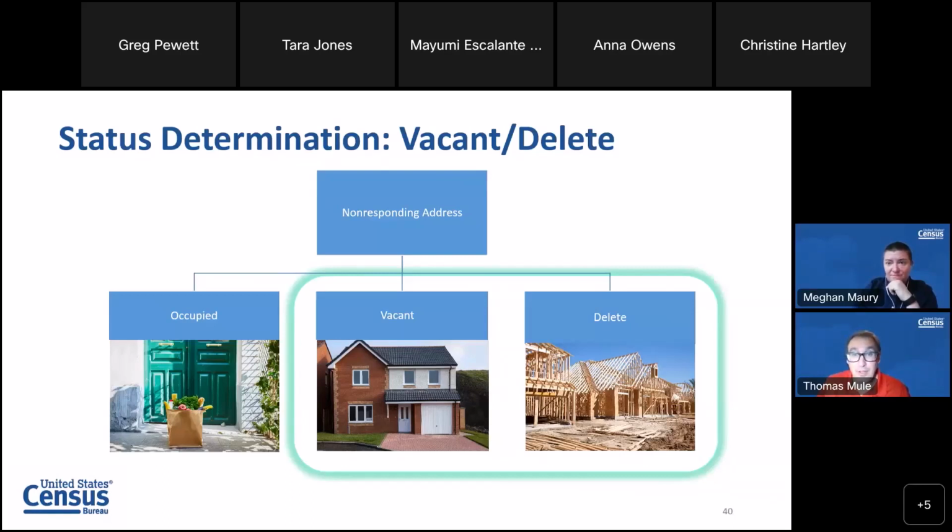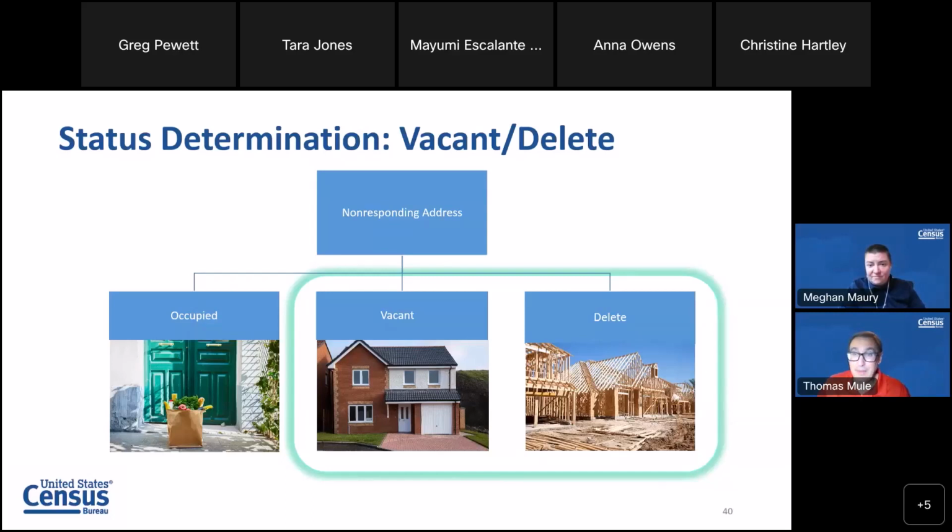First of all, one of the main pieces of information was that when postal carriers were delivering our census mailings around Census Day, just like when you receive your mail at your house or apartment today, the postal carriers were able to let us know whether they were able to deliver our census mailing of the letters and the questionnaires to the address or not.